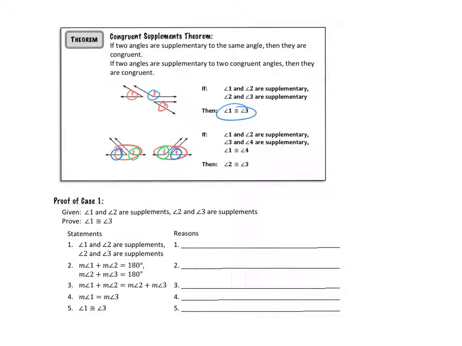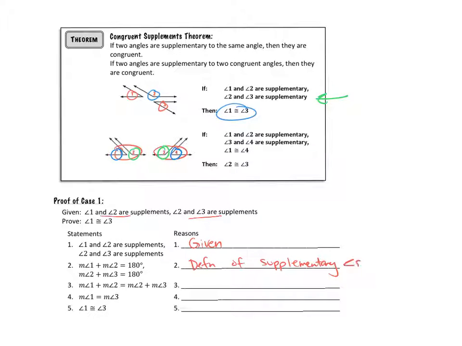So let's prove case 1. Our first statement in our proof is our givens. Our second statement, if angles 1 and 2 are supplements, then by the definition of supplementary angles, their measures add to be 180 degrees.